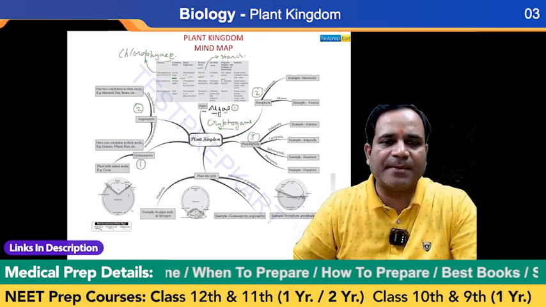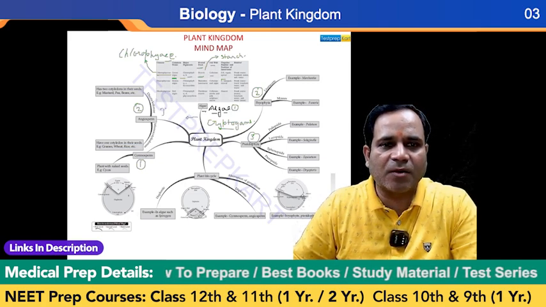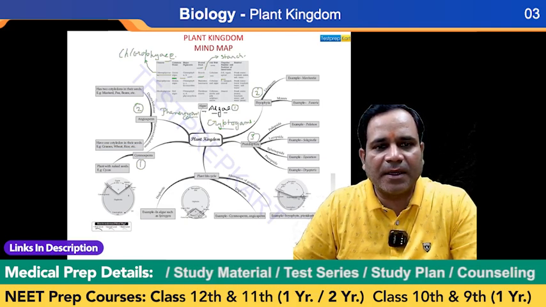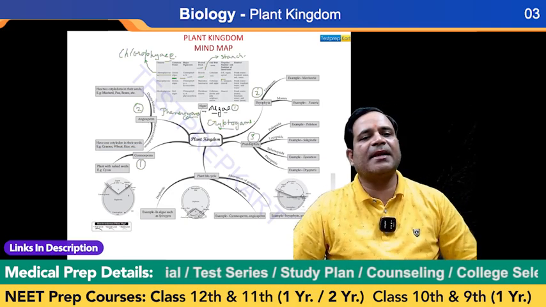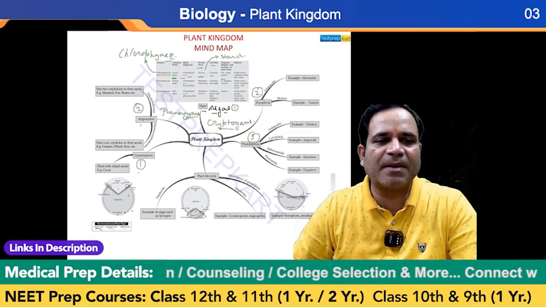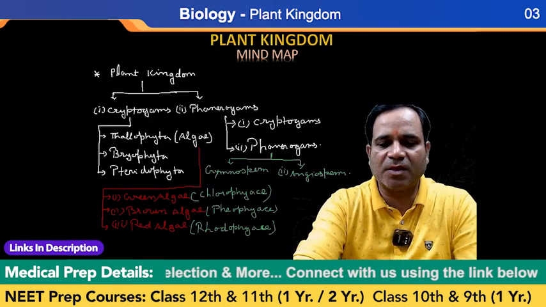This is cryptogams. And here the classification is phanerogams. In phanerogams there are two parts: one is gymnosperm, and the second one is angiosperm.